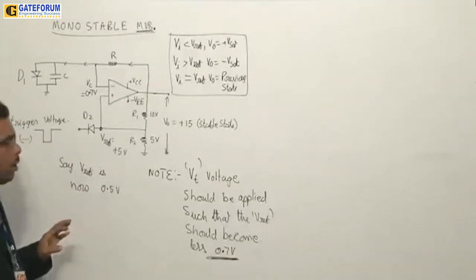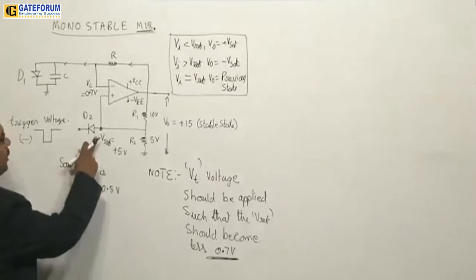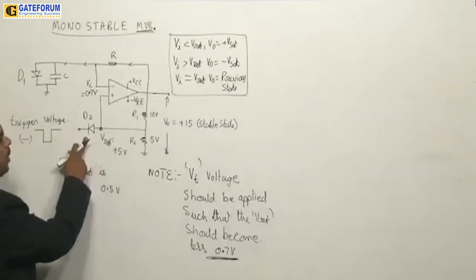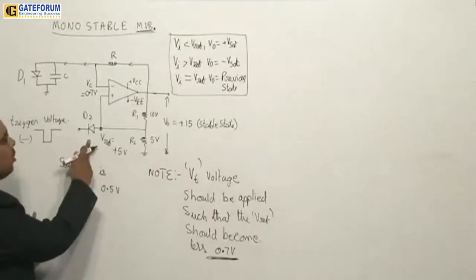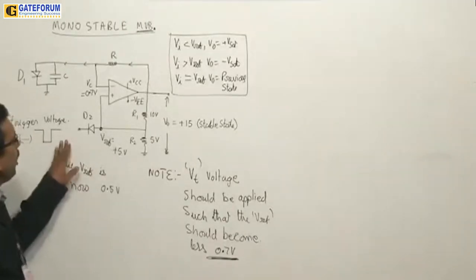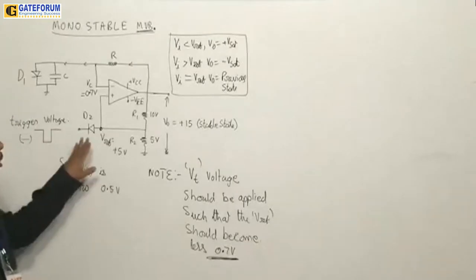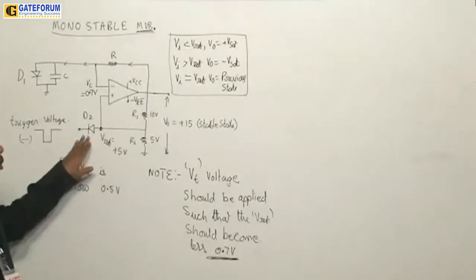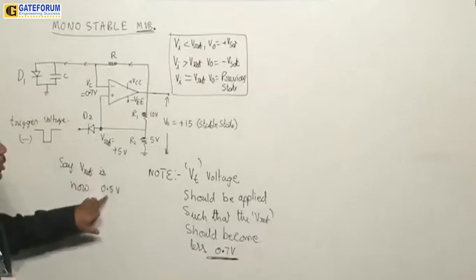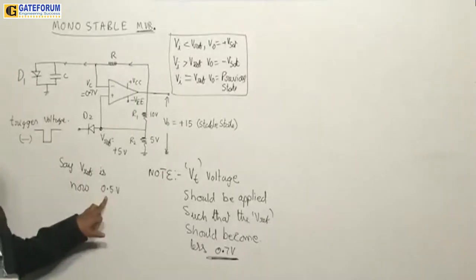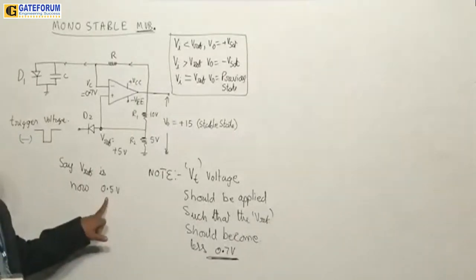Now assume that the diode is ideal, or you can consider it practical also, it doesn't make a difference. If it is considered practical, you have to consider 0.7 volts here, otherwise you need not. So when you apply this trigger voltage, this plus 5 will be added to this negative voltage, and the net voltage should come down to 0.5 volts.